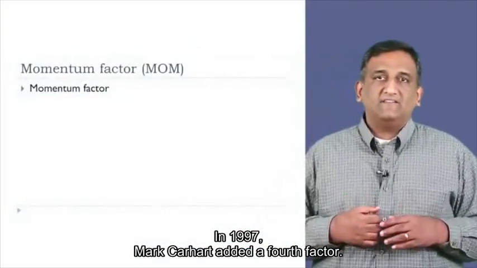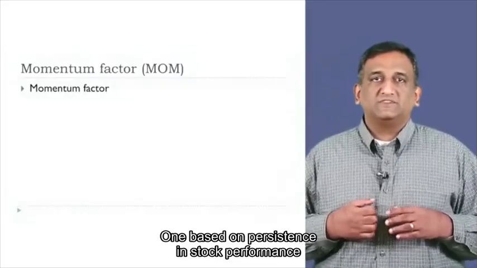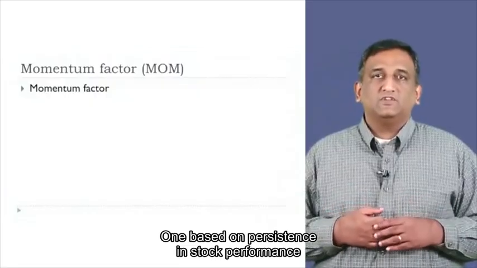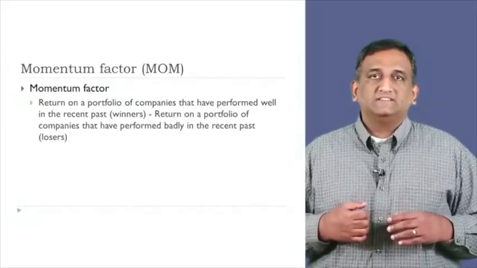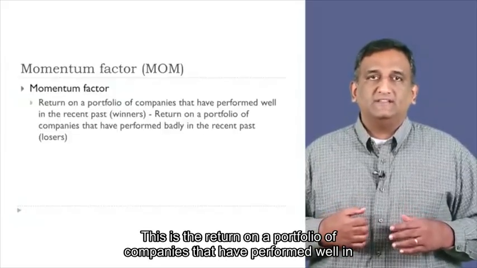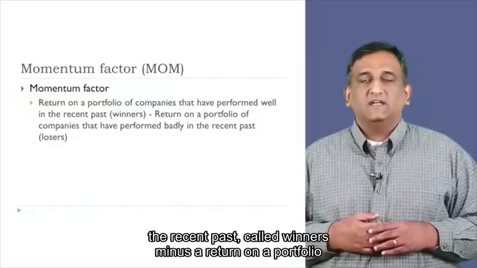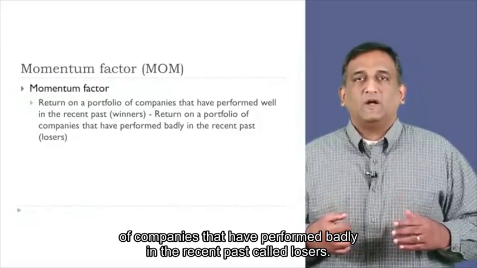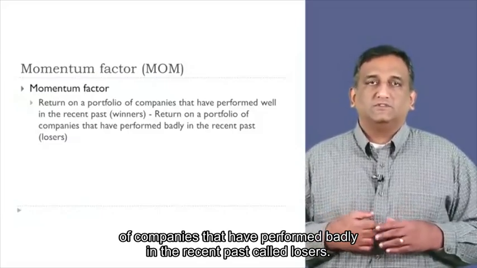In 1997, Mark Carhart added a fourth factor, one based on persistence in stock performance called the momentum factor, MOM. This is the return on a portfolio of companies that have performed well in the recent past, called winners, minus the return on a portfolio of companies that have performed badly in the recent past, called losers.